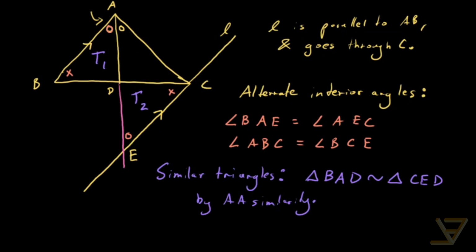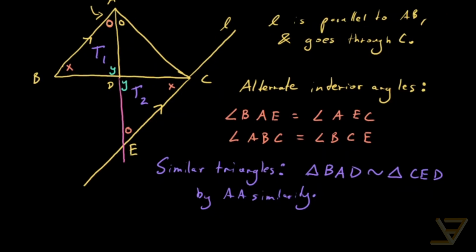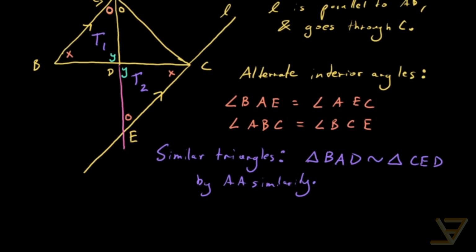Actually, we can say that the angles over here, Y and Y, are equal by vertical angles, but we don't actually need it. Two angles suffice for showing the similarity of triangles. Okay, so we've got a triangle similarity. Let's see where we can go with that in terms of equations.